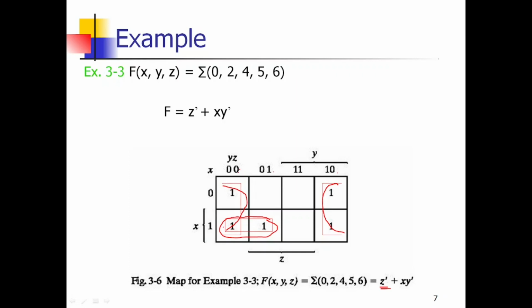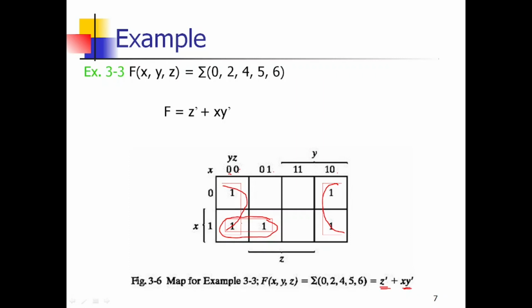So we are folding the first column to sit on the second column. We are folding the column only, not the row. So when folding the column, the different variables of the column become 1. There is no change in the row variable, so we consider x as it is. So here x, and in this we are having y dash. So the next term is x y dash.